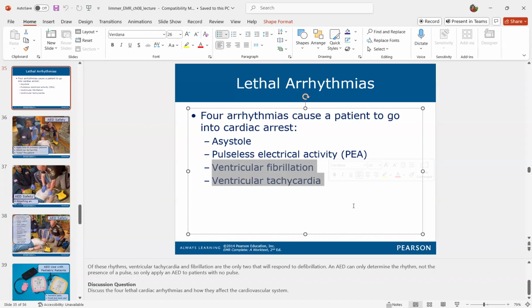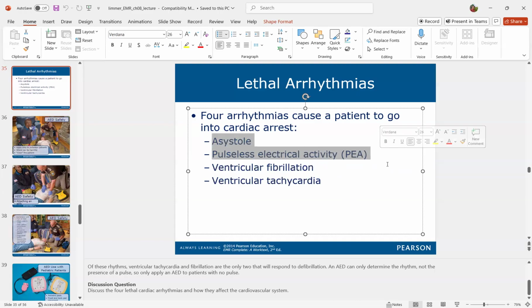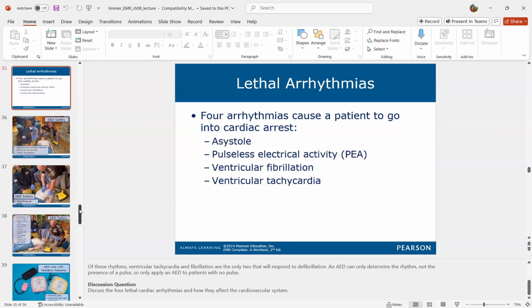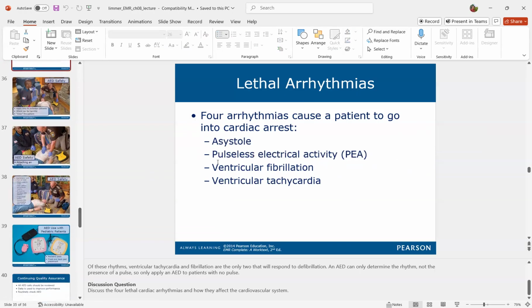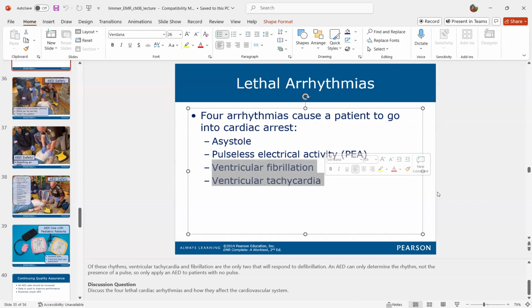If they're in asystole or PEA, it's going to say no shock advised. It's not going to recognize that rhythm to give a shock. It won't help at all. So we are doing compressions in order to get them into one of these two rhythms so we can shock that patient back into normal sinus rhythm. That's the whole idea of compressions, to keep them in these two rhythms. Usually VFib is the rhythm people are in.